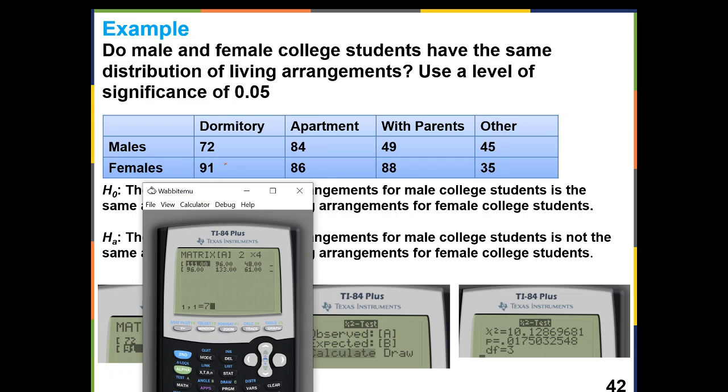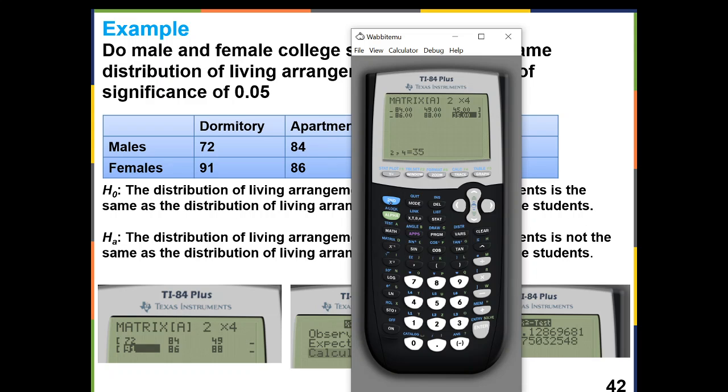So we want to put 72, enter, and then 84, enter, 49, enter, 45, enter, and then 91, enter, and 86, enter, 88, enter, and 35, enter, right? So make sure we have the right matrix.